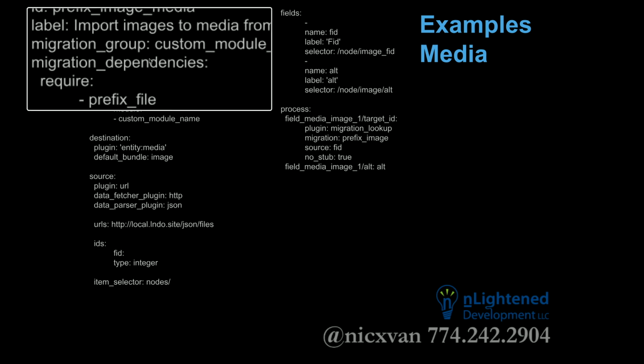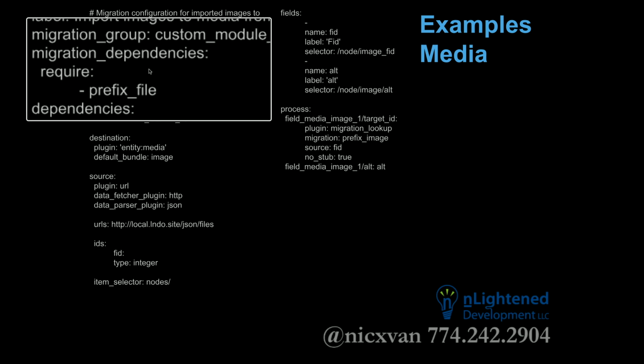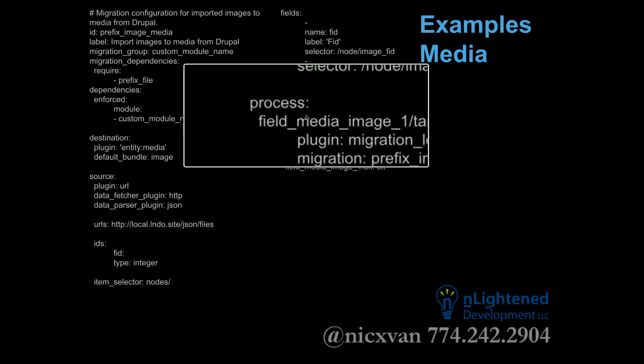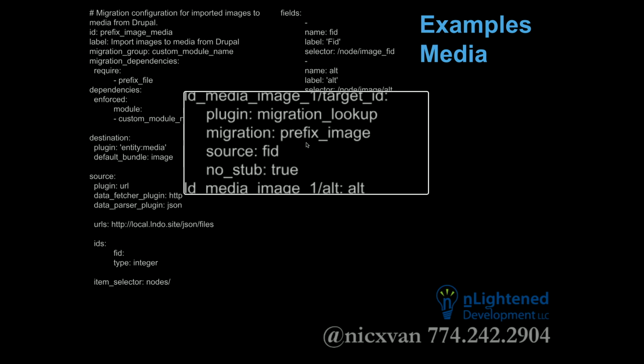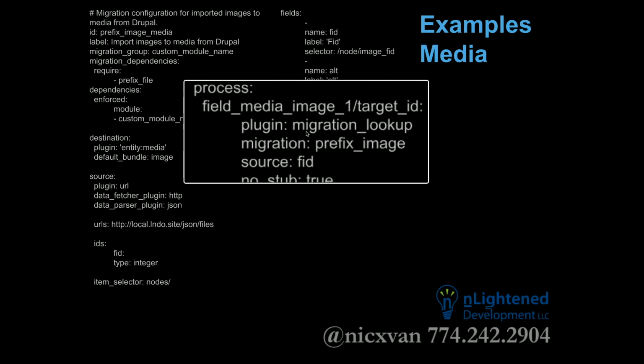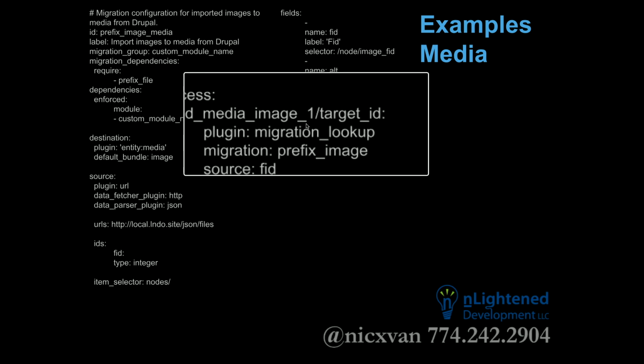And it has a dependency on the file migration, which is the one we just looked at. And so what will happen is Migrate will create the file entity, generate the FID, copy the file over, and then this migration will do a lookup on that migration using the FID, find the new FID, and then set that on the image field, which right here, remember, if you have an attribute on a field, like target ID, it'll set it right there.